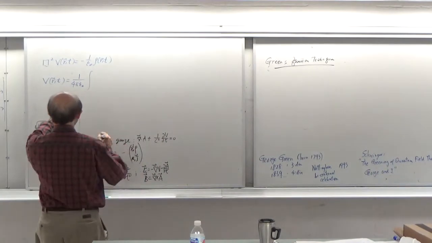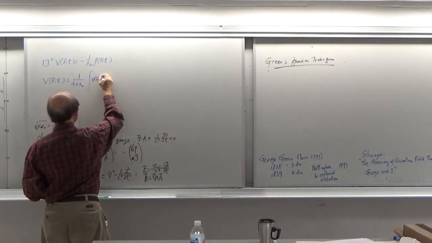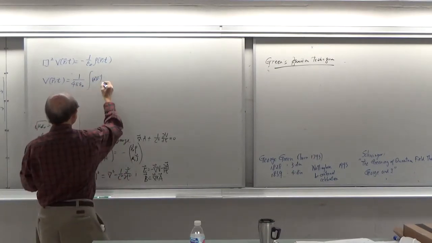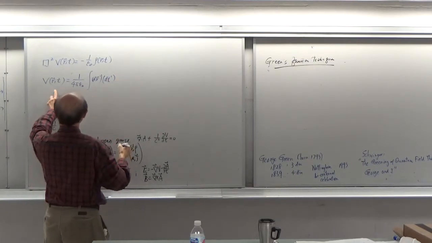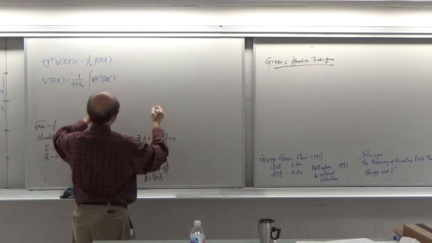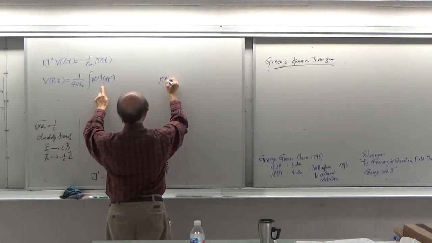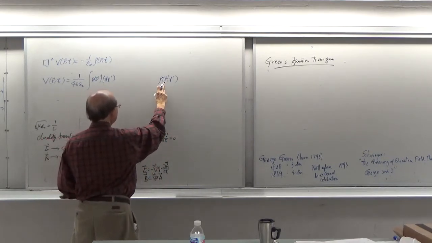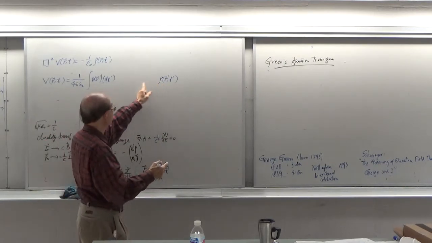All right, so let me write things down first, then explain. It involves spatial integration and time integration. Since it's linearly proportional to rho, this is rho at r prime at t prime. So you can think of r prime as the location of emission of a signal.